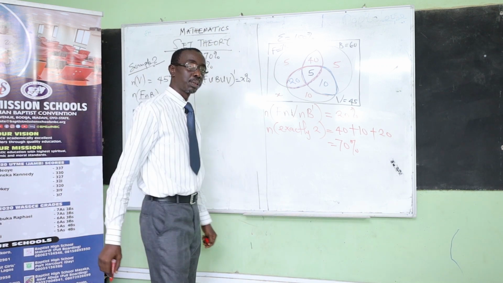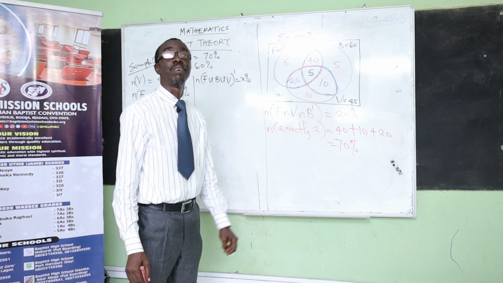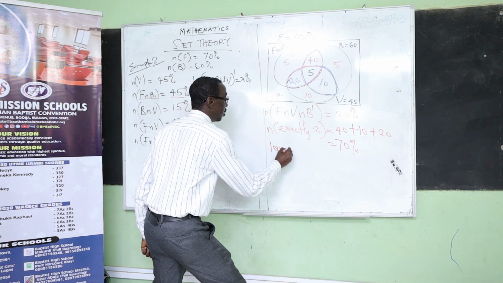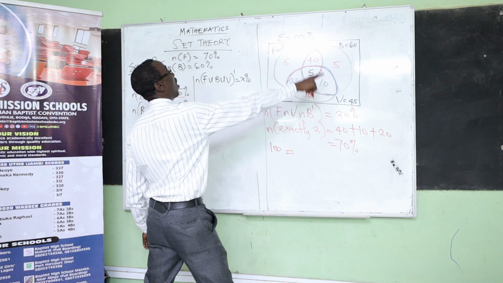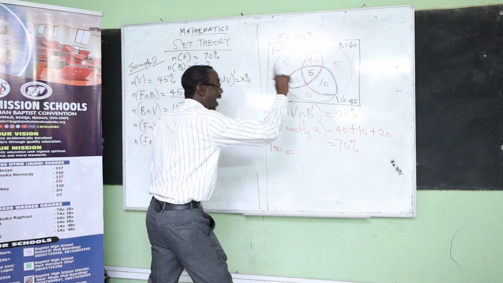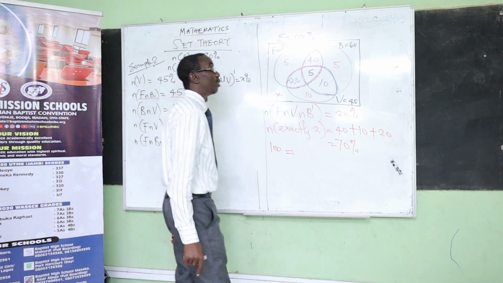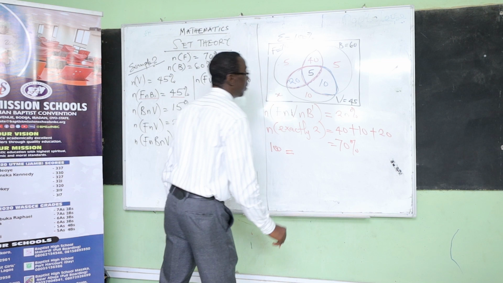None of the 3 sports. And that is X. But you need to calculate the value of X. How do we calculate the value of X? We know that 100 should be equal to all the addition of what you have inside the circles plus X, because it is also part of the students that are involved. Okay?